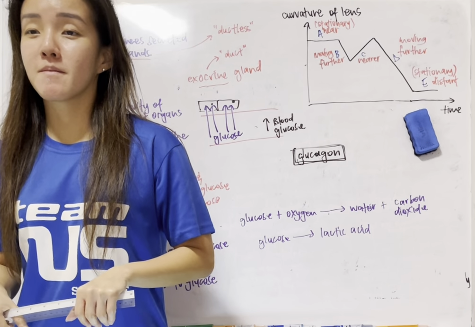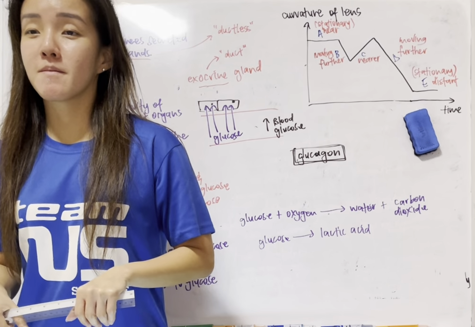Okay, name me all the 5 effects of insulin. They chanted all for you already so many times. So what's the first one? If she cannot answer, you all will support. So first one is what? Increase permeability of liver and muscle cells to increase uptake of glucose. Yes. Next one, increase conversion of excess glucose to glycogen.